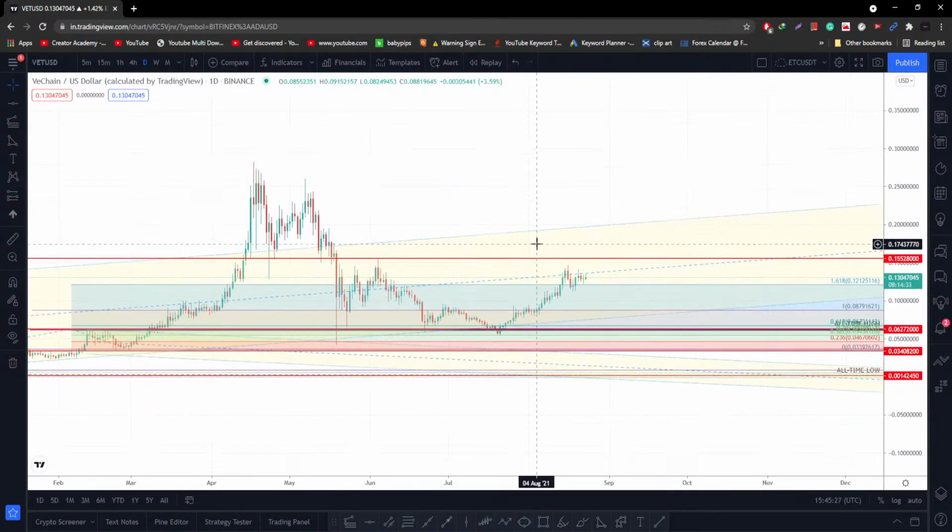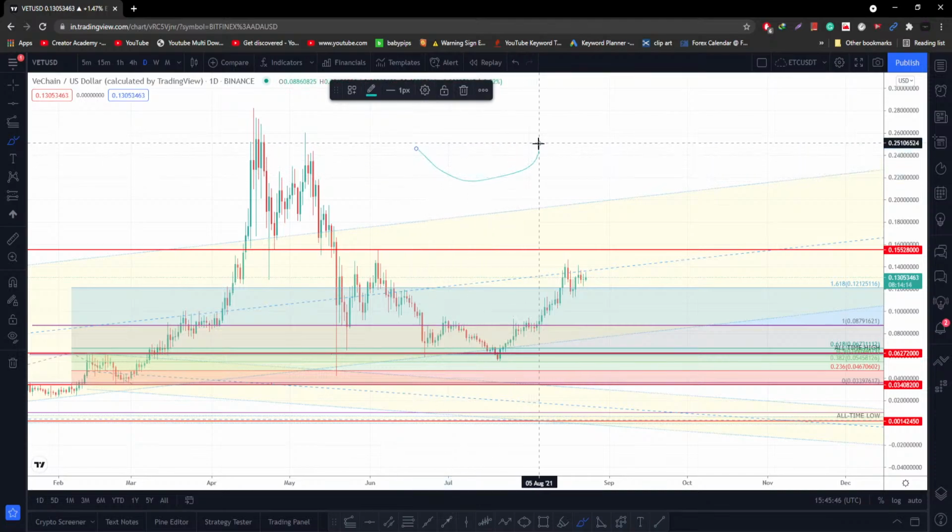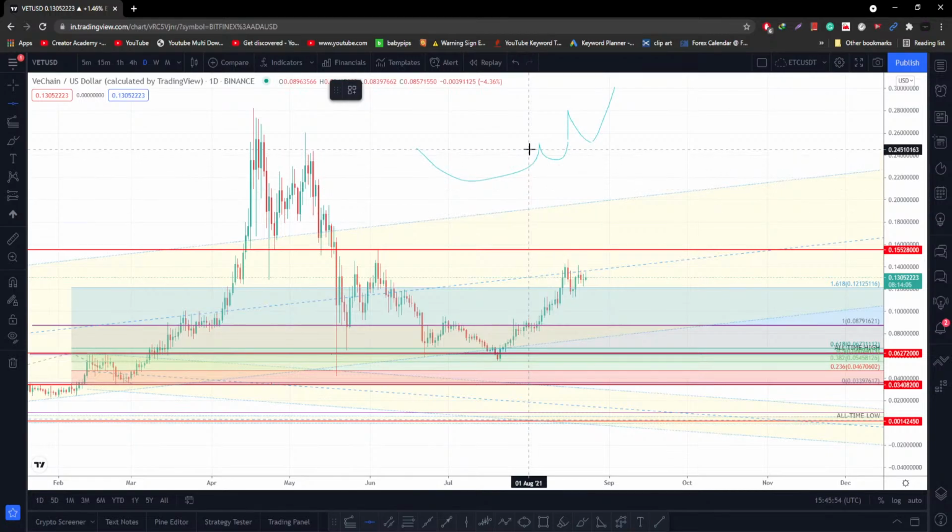In the meantime, I will just explain why I'm interested in VeChain from the technical point of view. You see, the price is trying to make a cup and saucer. If you saw cup and handle, you remember something of that sort, the cup and handle formation. Then the price finally breaks above and comes back to this region to act as support. So this is how it looks.